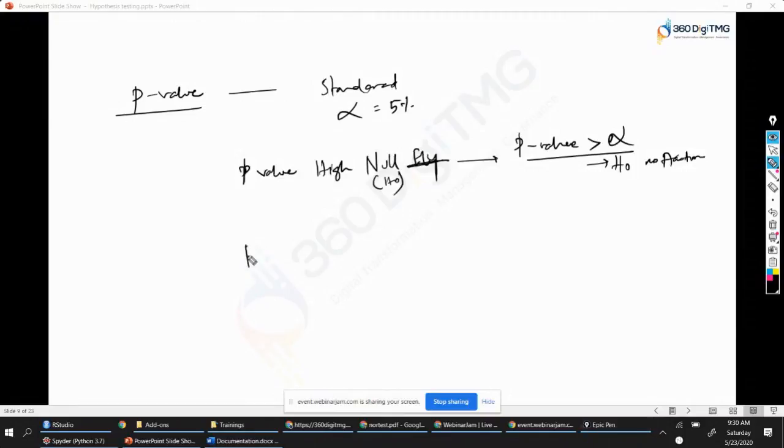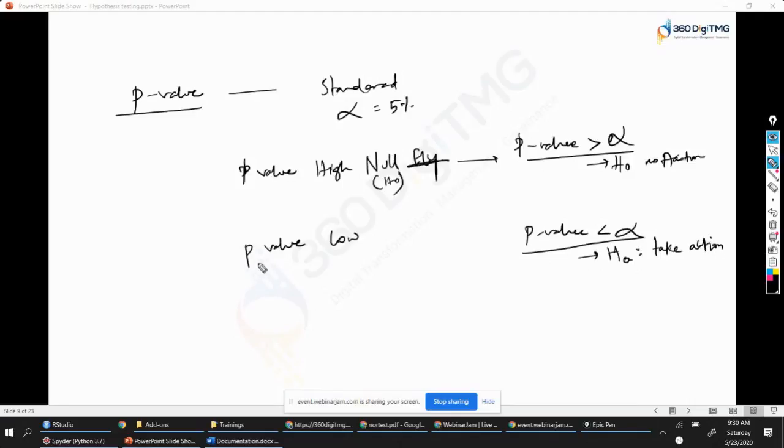But if you see that the p-value that you are getting is lower than alpha, that means if the p-value is less than alpha, then the risk is less, right? If you take an action, the chance of you going wrong is less. So it is accepted. So that means you better take action. Do something different. Go ahead.